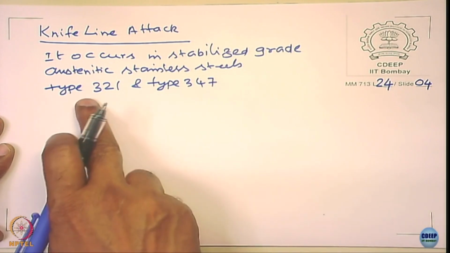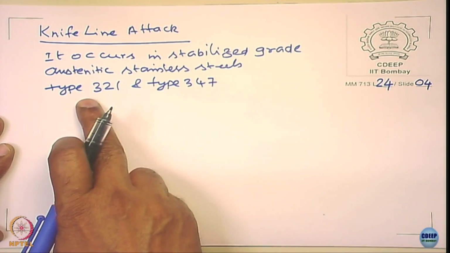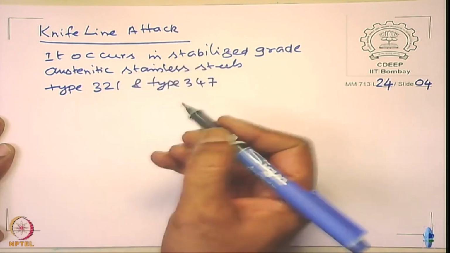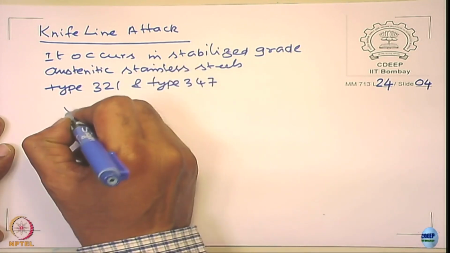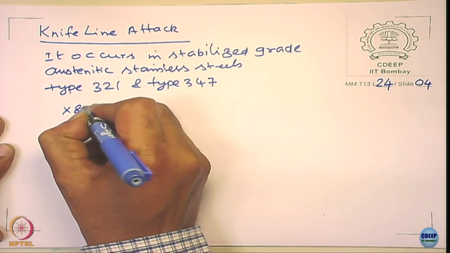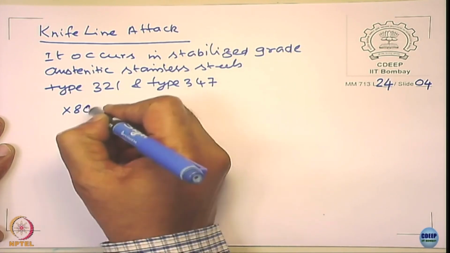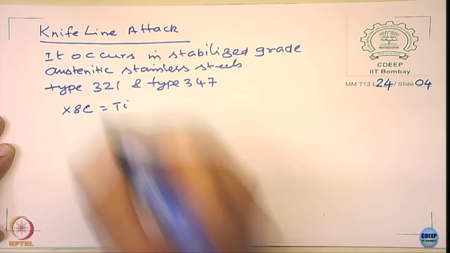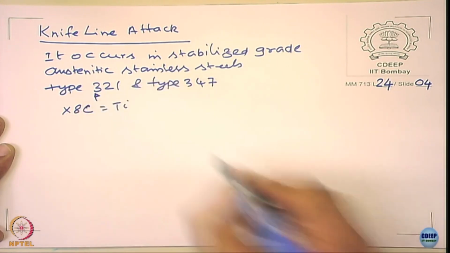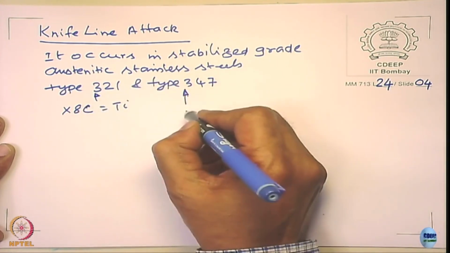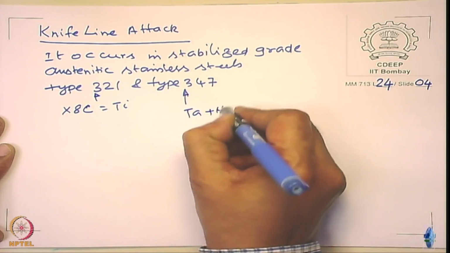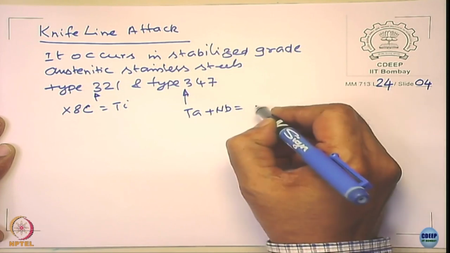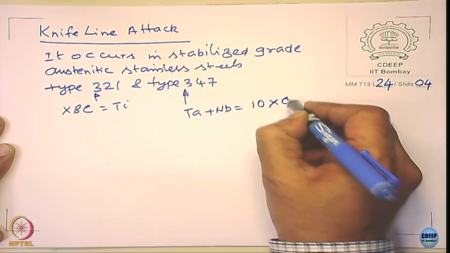And in this, in type 321, it is titanium containing, right? How much titanium do you normally add? Anybody remember? It's about 8 times the carbon content. In the other case, tantalum plus niobium added together is equal to 10 times the carbon content.